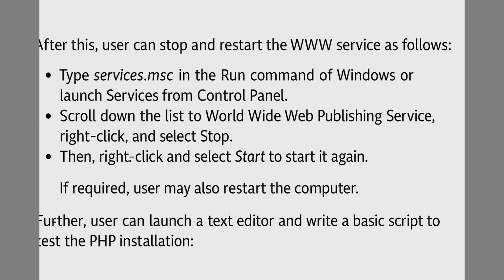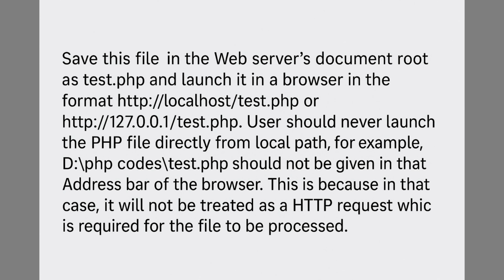Once your system or service restarts successfully, you can test your PHP installation. To do that, open any text editor, such as Notepad, and create a new file. Write a simple PHP script to check if PHP is running correctly on your Apache server. Now that Apache and PHP have been successfully configured, it's time to test whether PHP is running correctly on your system. In this file, write a simple PHP script, for example, using the phpinfo function.